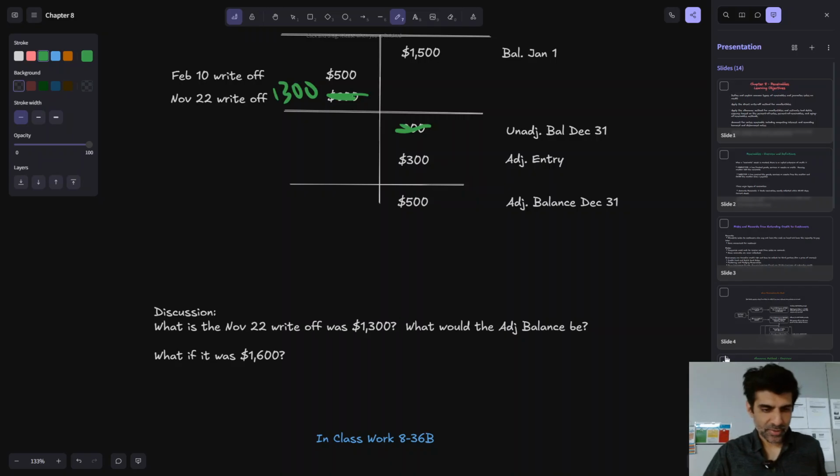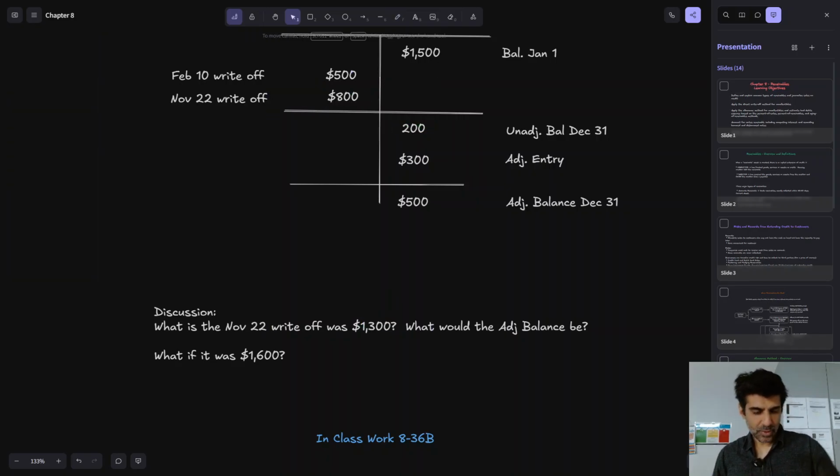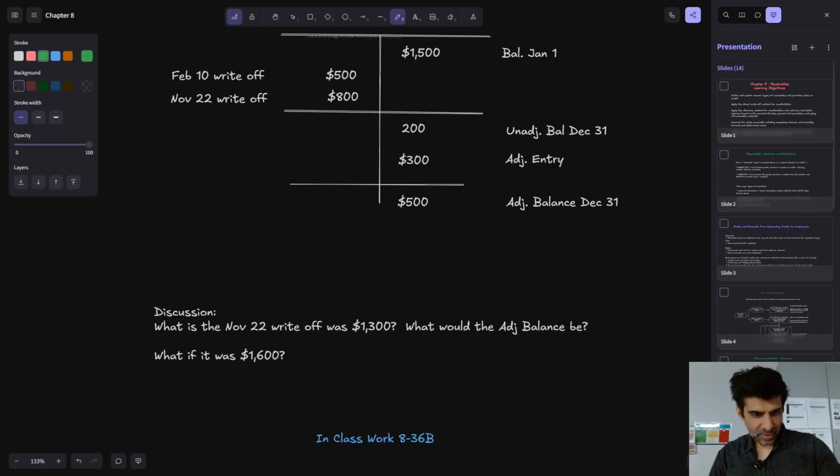Actually, no, I'm trying to get this to be 0, so we would have had to make this 1,000. So I need to change this. This was 1,000. This is going to be 0.